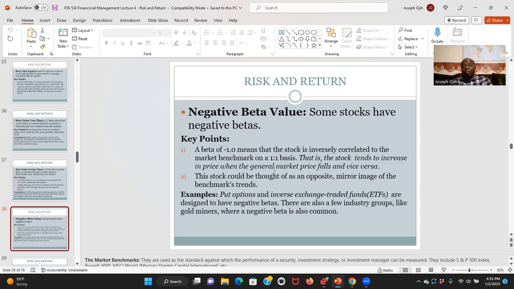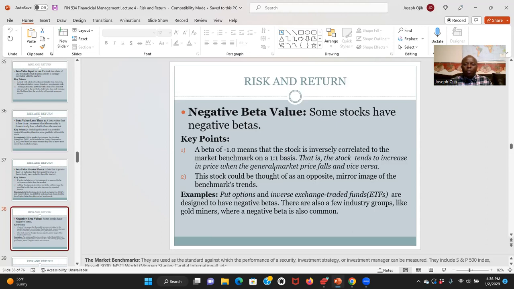When I say market benchmark, I mean things like the S&P 500, Russell 3000, those benchmarks that we use as a standard against which the performance of a security or investment strategy or investment manager can be measured. We use them as a standard for assessing the performance of stocks or portfolios.